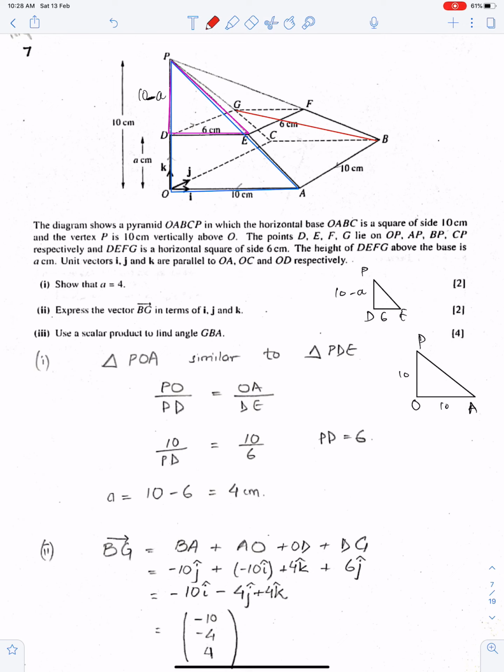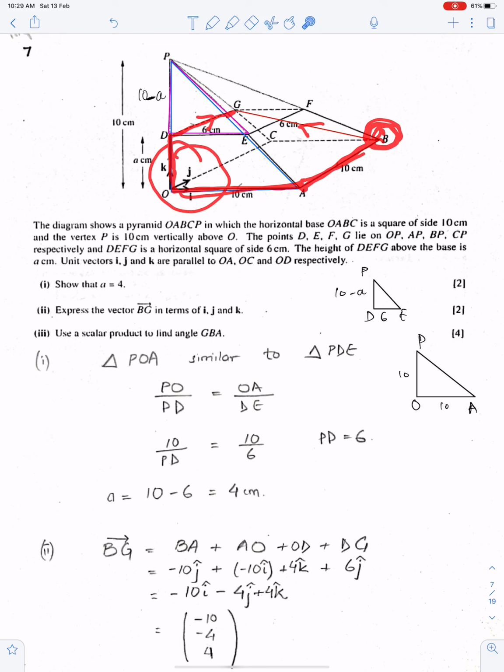I will go in this way: BA, AO, OD, DG. In this way, I can easily get this vector BG. See, I use head to tail rule method. I started from the initial point of this vector BG, and I work either along or parallel to these directions. This is the best way. Always start from the starting point, work in either parallel or along to these directions and use head to tail rule. That's it.